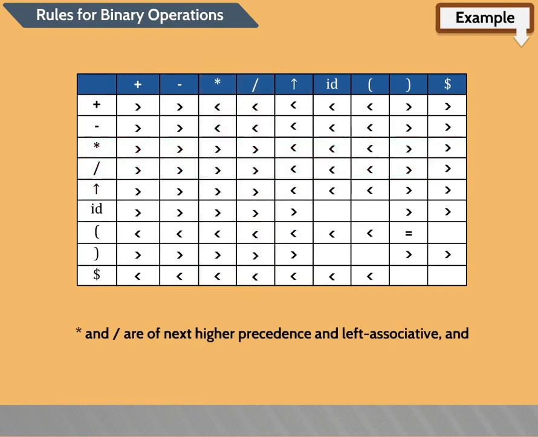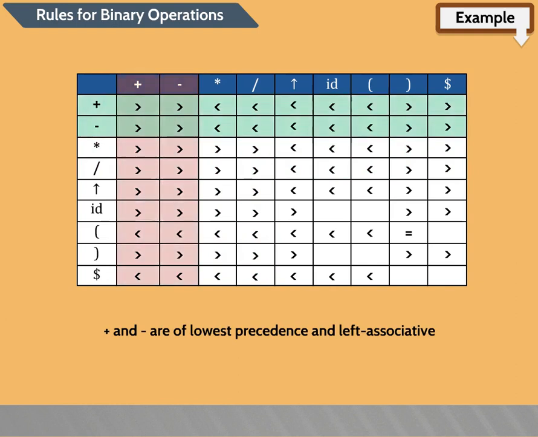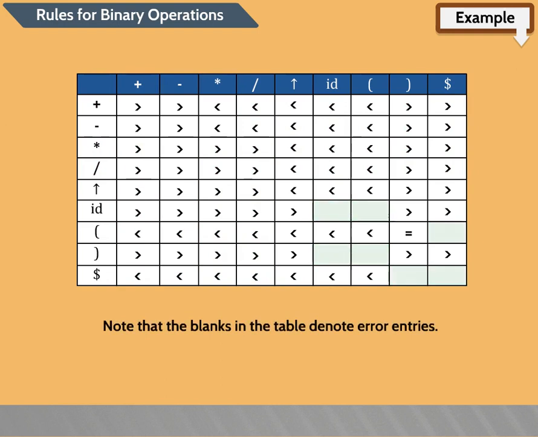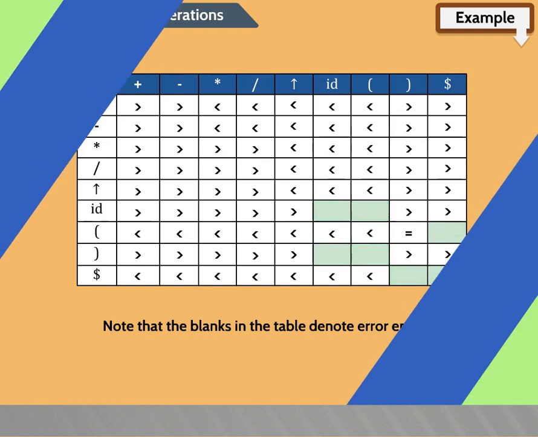Multiplication and division are of next higher precedence and left associative, and plus and minus are of lowest precedence and left associative. Note that the blanks in the table denote error entries.